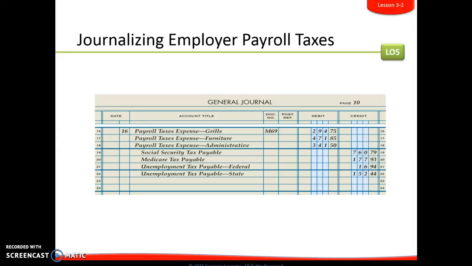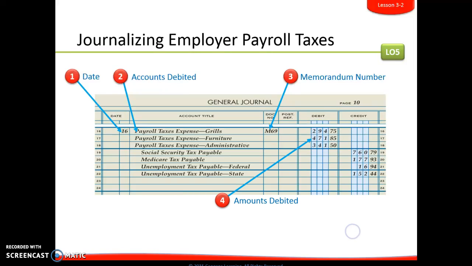Okay, here then is what it will look like when we're actually journalizing. This is going to go into our general journal because we're not actually paying cash right now. So we have our date, we have our accounts that we're debiting, memorandum number, and then we're going to have the accounts that we're crediting and their credit amounts.